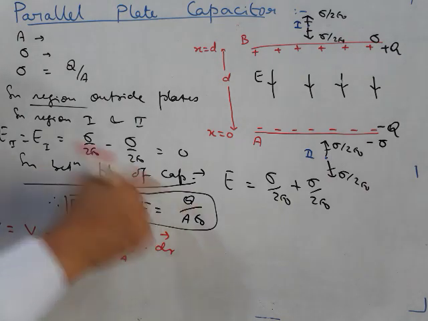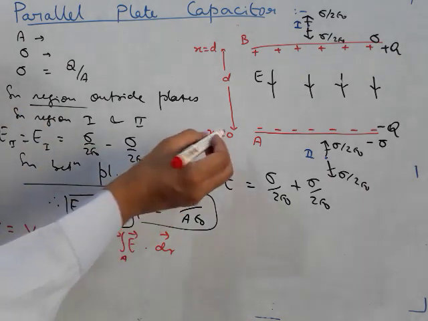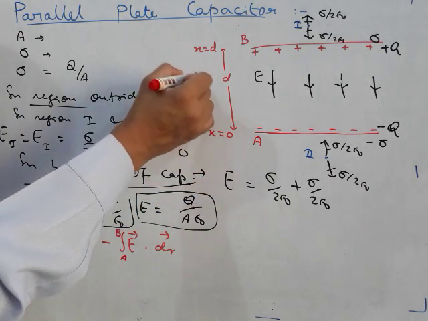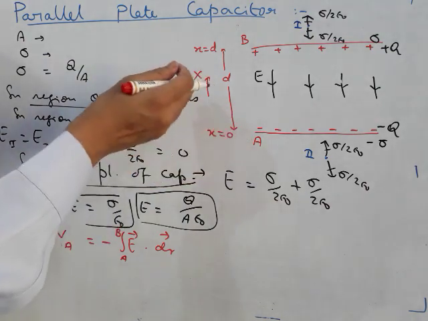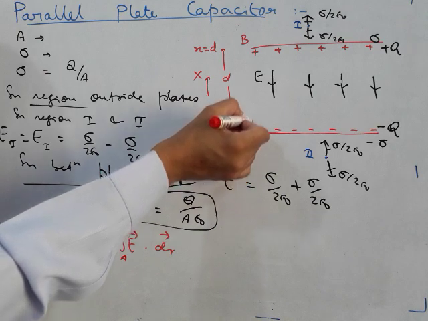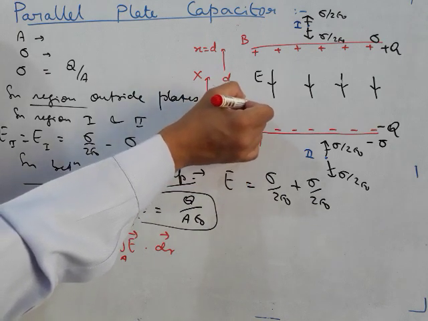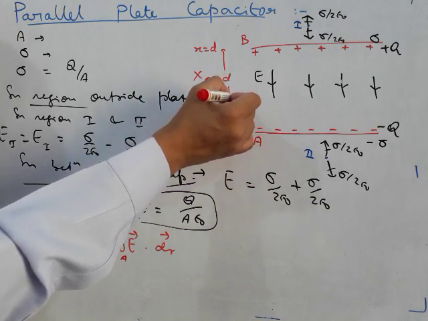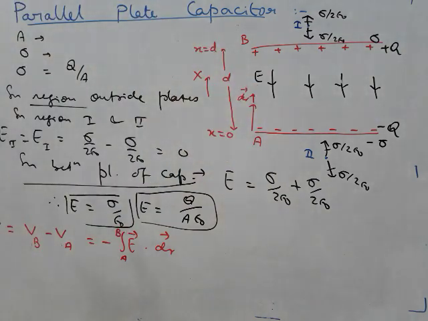Now this E is constant. I have taken this as the x-axis, though in general it may not be the x-axis. So we have started from this point and we are moving in this direction. So this is the direction of R or increasing dr vector. So dr vector will be from A to B as per our convention. But electric field is directed opposite to that.